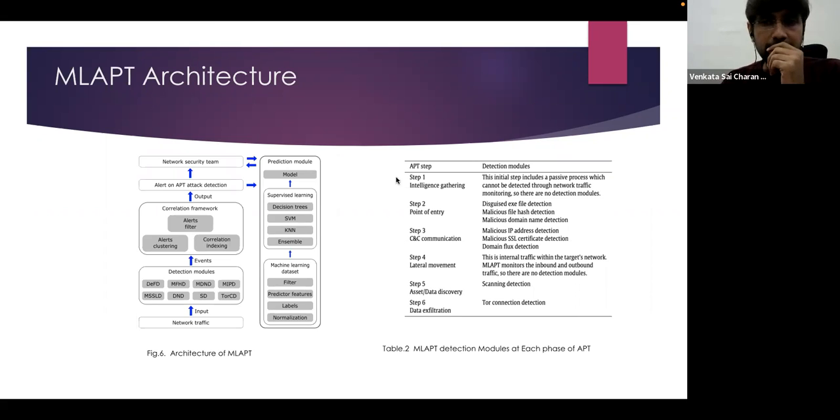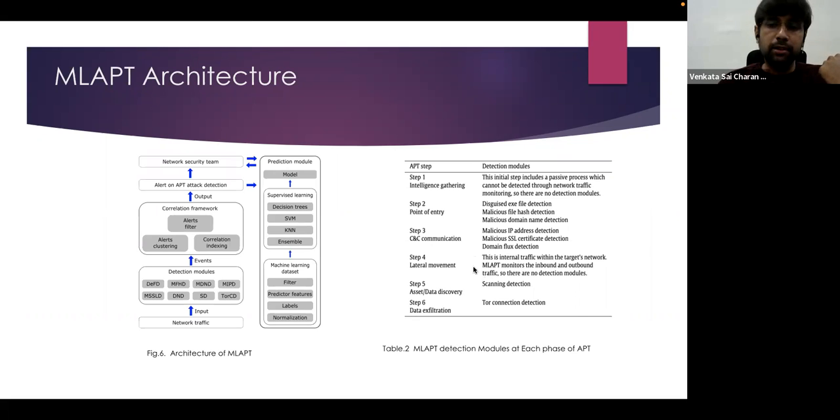So the main key thing is, apart from all other APT detection techniques, this will try to cover each and every life cycle phase of APT. For the point of entry life cycle phase, these three modules will take care of it. The malicious IP detection module, malicious SSL certificate detection module and domain flux detection will try to identify the command and control server communication.